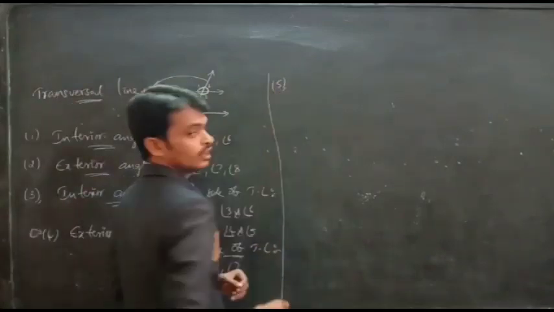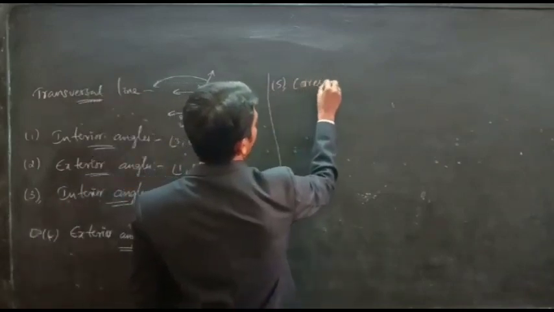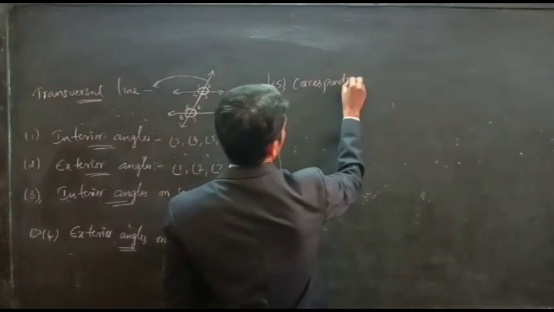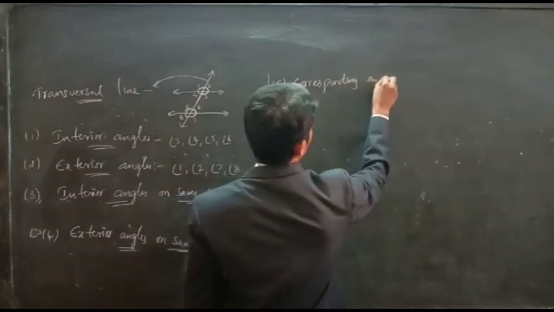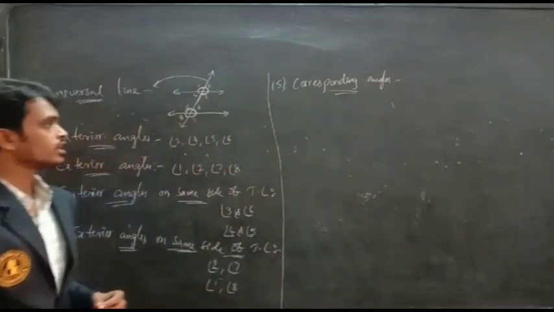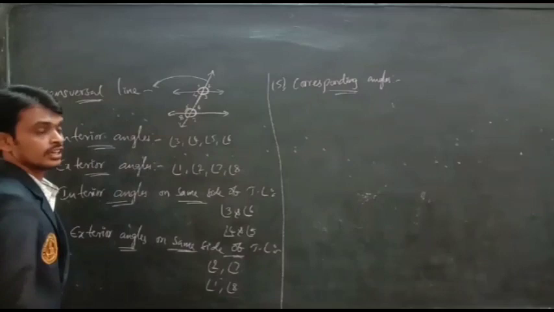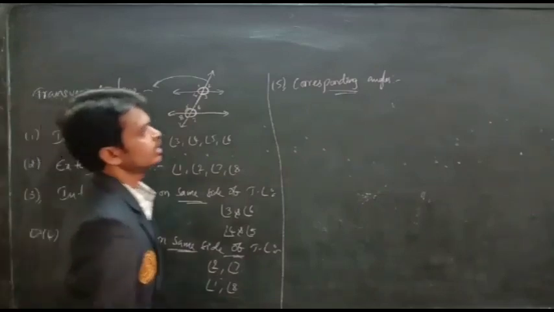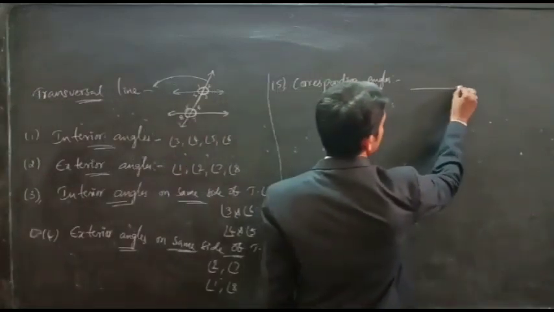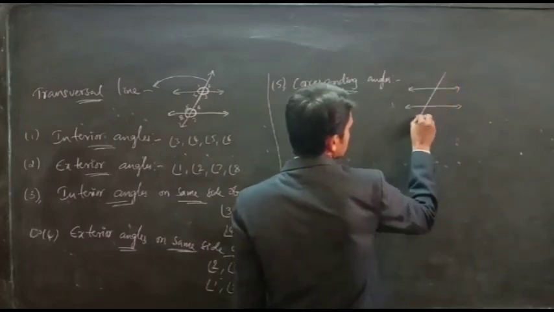Now the fifth one: corresponding angles. These corresponding angles are very important. Look at the definition of corresponding angles. Let me draw the parallel lines and the transversal line.